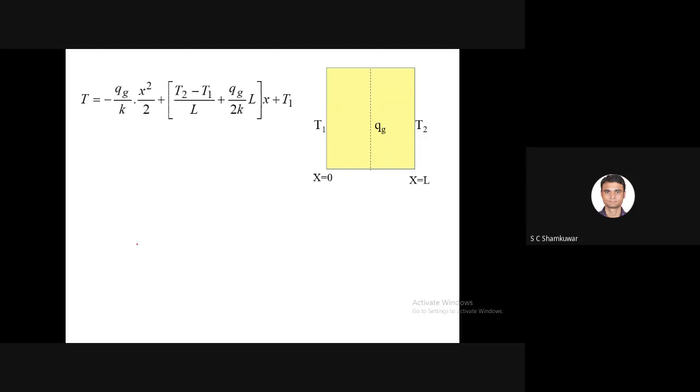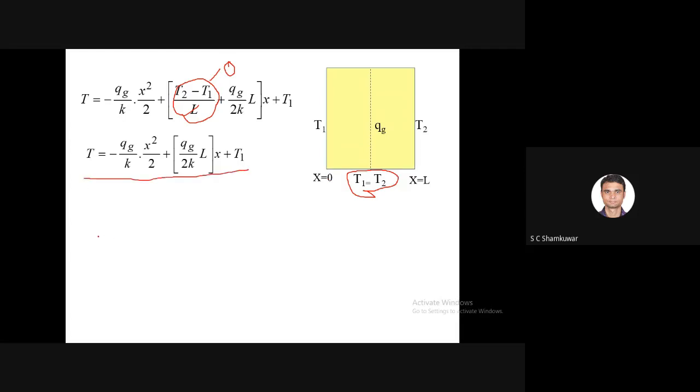Now, this is the value of T, but T1 equal to T2, therefore this term will get cancelled. This will be 0, because T1 equal to T2, the boundary conditions are the same. So this will be the value of T now.